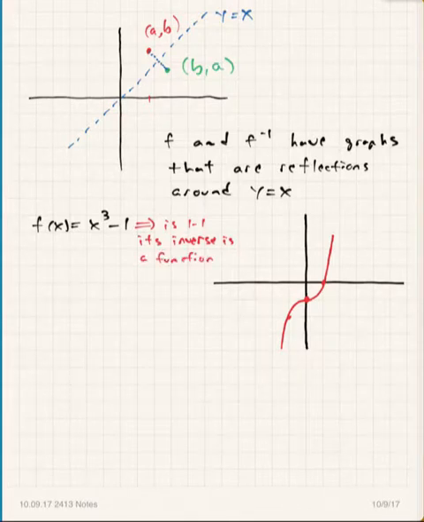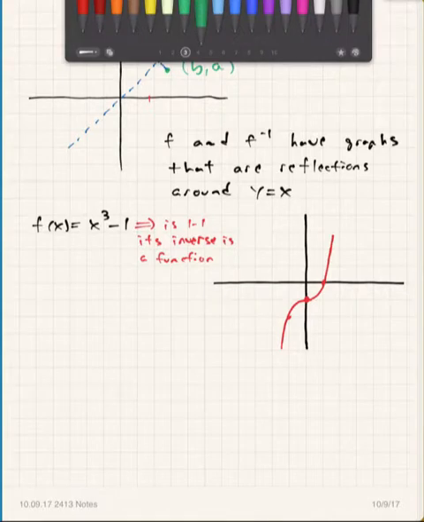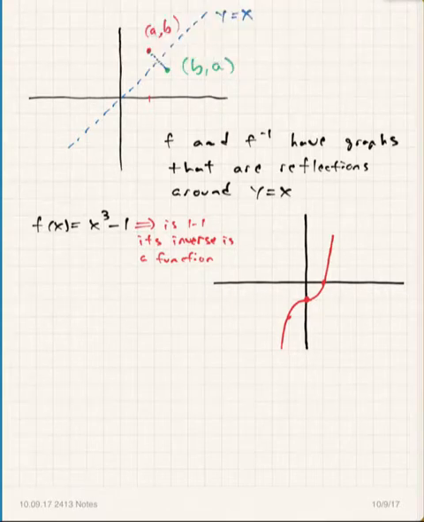Now, to graph the inverse of this function, you could just interchange x and y values and sketch the new graph, or you could create the inverse function algebraically and then graph it that way. So if you just interchange these values, going point by point from left to right, you've got the point -2, -9 would become -9, -2; -1, -2 would become -2, -1; 0, -1 would be -1, 0; and then 1, 0 would be 0, 1.